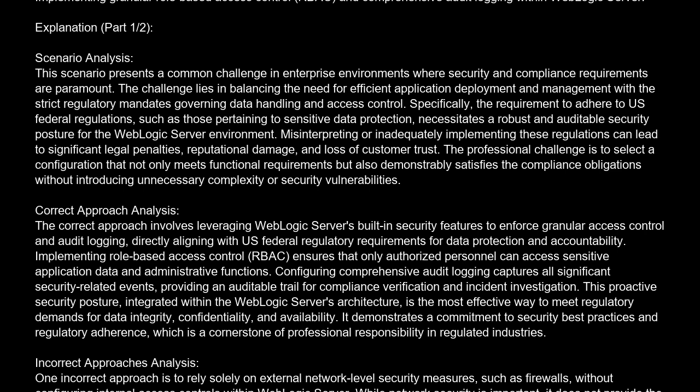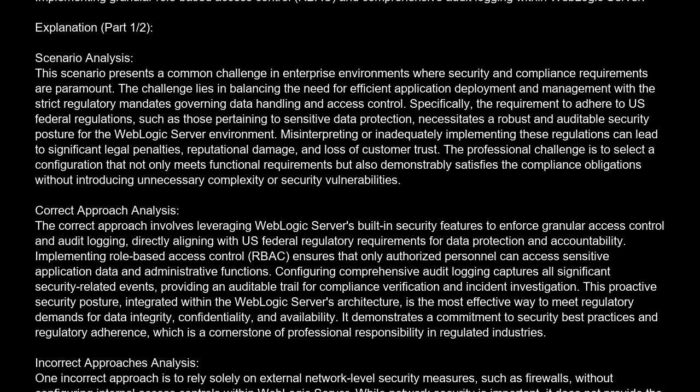Explanation: Scenario analysis. This scenario presents a common challenge in enterprise environments where security and compliance requirements are paramount. The challenge lies in balancing the need for efficient application deployment and management with the strict regulatory mandates governing data handling and access control. Specifically, the requirement to adhere to U.S. federal regulations, such as those pertaining to sensitive data protection, necessitates a robust and auditable security posture for the WebLogic Server environment.